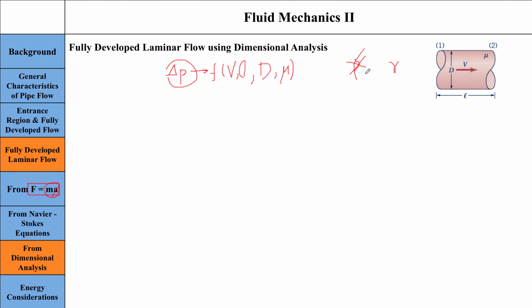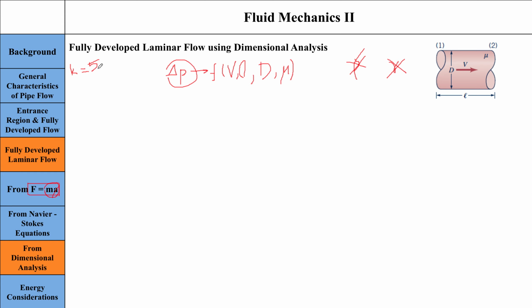Specific weight is not important because the flow is horizontal, so no gravity effects are being looked at right now. Gravity effects are negligible, and gamma is equal to density times gravity, so that means that we can neglect this term here too. So we have a total number of variables equal to 5, right? And this is called k, your total number of variables.